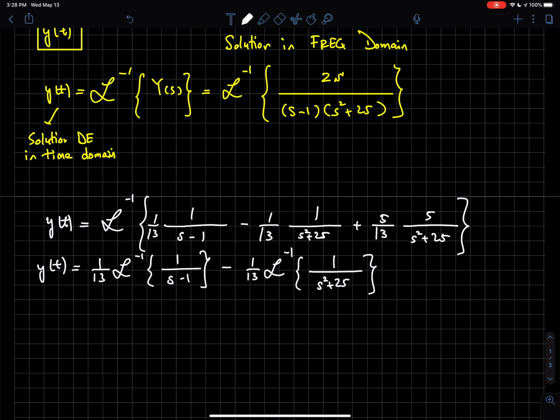Am I having everything right? And guys, that has to be an s. Good thing I caught that. Okay, great. So I knew I needed an s here. Very good. So so far so good. Plus 5/13 Laplace inverse of 5 over s squared plus 25.